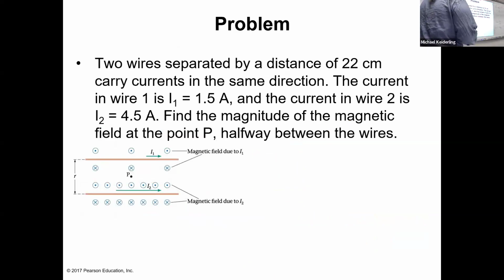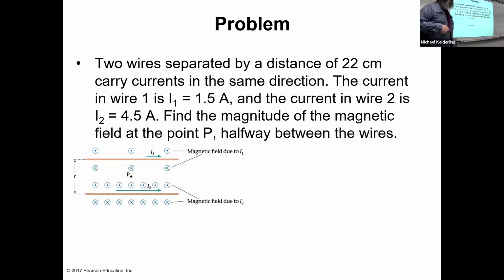Here we have two wires that are separated by a distance of 22 centimeters. They carry currents in the same direction. The current in wire 1 is 1.5 amps. The current in wire 2 is 4.5 amps. So what is the magnitude of the magnetic field halfway between the wires? So that means from current 2, that is coming out of the board.